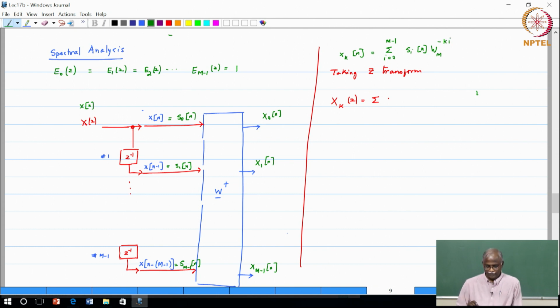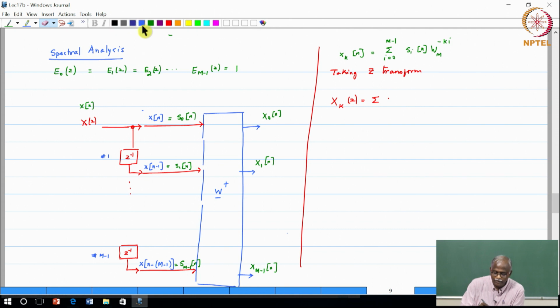I will give you a moment to make sure that we have written down the equation correctly, the expression for these outputs, in terms of the inputs times the corresponding row of the W dagger matrix.